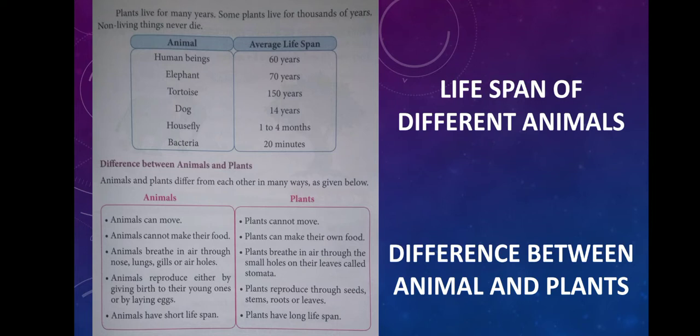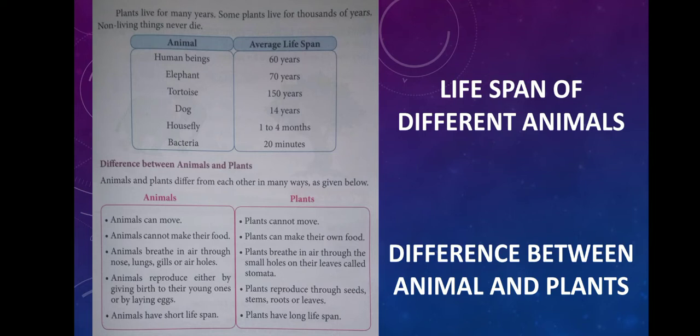The housefly, which we see in our house, lives for a very short time, 1 to 4 months. And bacteria is something we should know. Bacteria means very small worms that we cannot see, on our hands. We sometimes see them in the Dettol advertisement on TV. They live for a very short time, 20 minutes hardly.